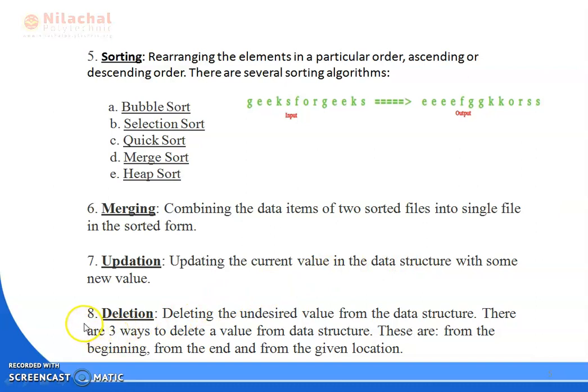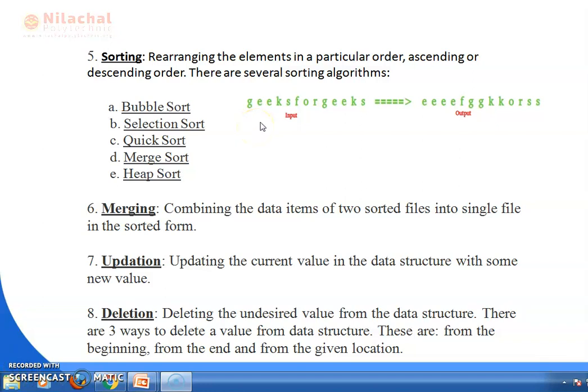The fifth operation is the sorting operation. It is defined as rearranging the elements in a particular order, either in ascending or descending order. There are several sorting algorithms such as bubble sort, selection sort, quick sort, merge sort, and heap sort.